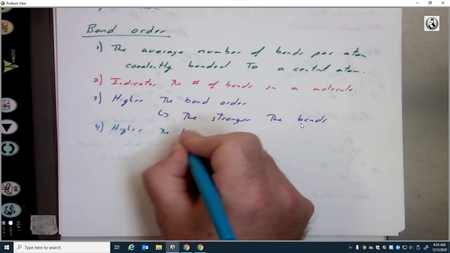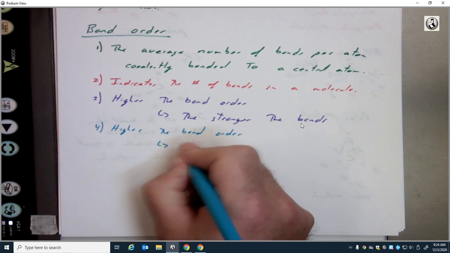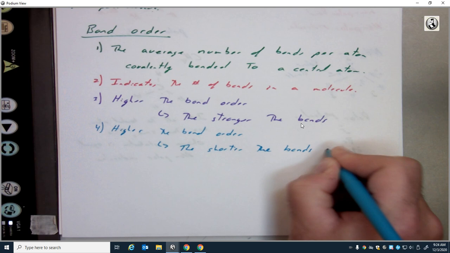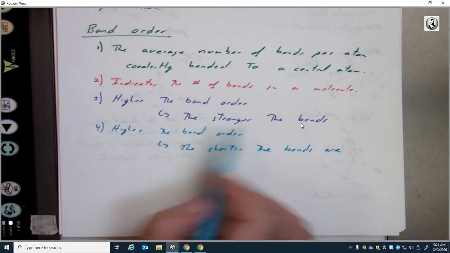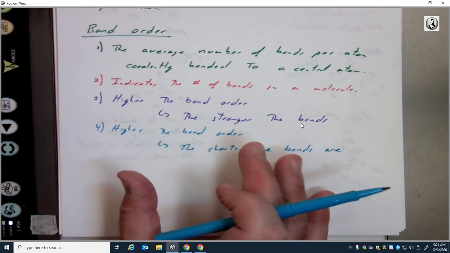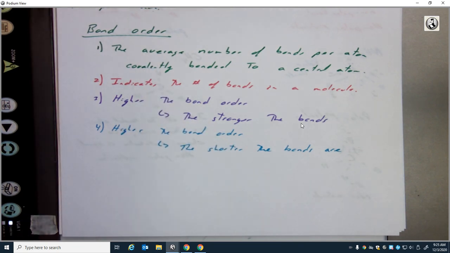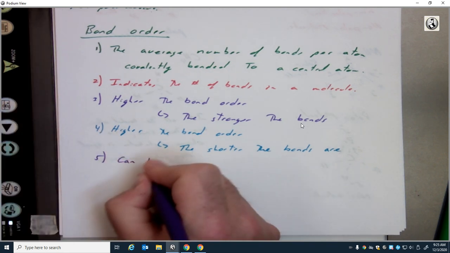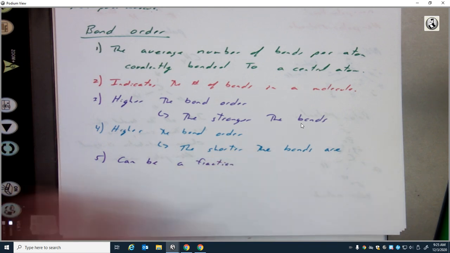Also, the higher the bond order, the shorter the bonds are. We actually can already know this, all right? So the stronger the bond is, we know that pulls those atoms closer together, and it gives us shorter bonds, but this is also shown in our bond orders. Number 5, it can be a fraction. And that kind of gives us an indication of something else that we'll talk about in a minute.